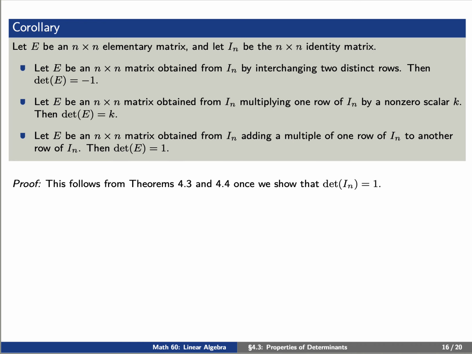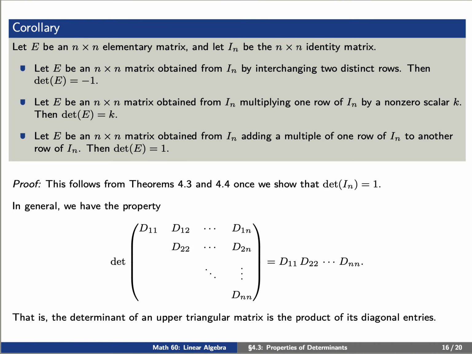We're actually going to prove a much more general result. We'll prove that if we have an upper triangular matrix, this means that everything below the diagonal is 0, but we don't yet know anything about what happens above the diagonal. We'll prove that the determinant of such a matrix is the product of the diagonal entries.